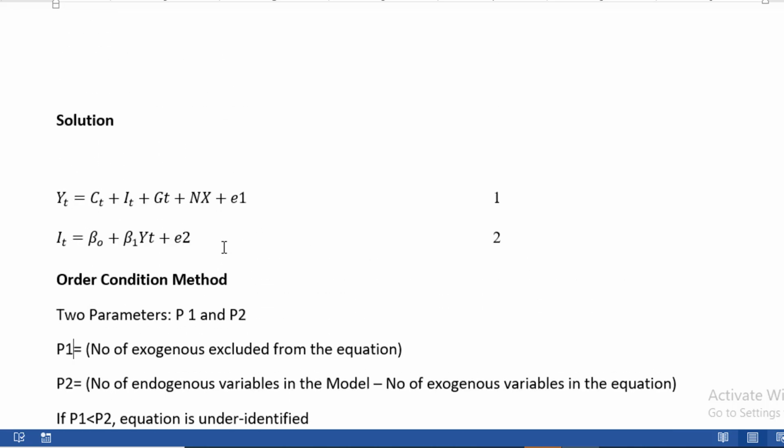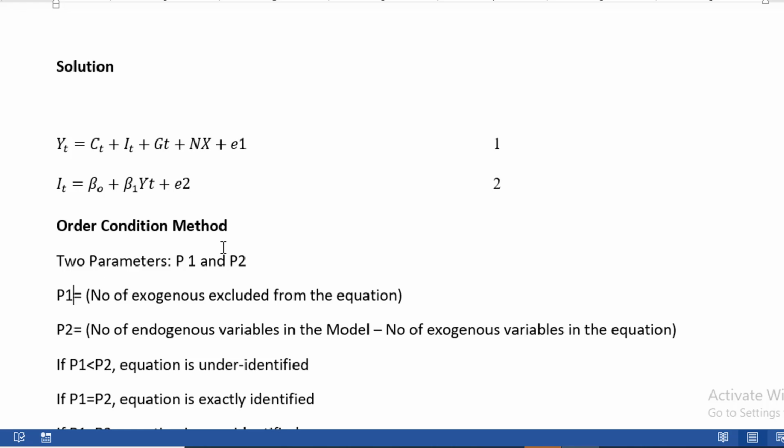I will try to explain these two parameters with the help of the given national income model. P1 means the number of exogenous variables, that is, independent variables which are not part of the equation. So see, there is only one variable, net export, which is excluded from equation 2 because it is not part of it.